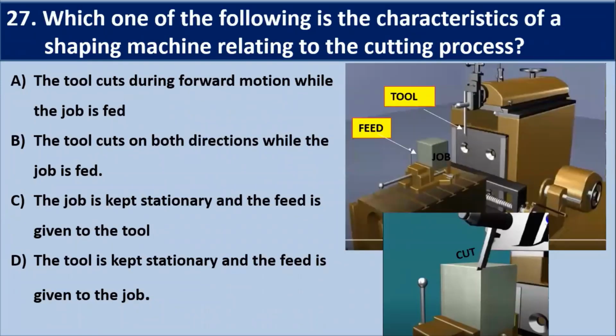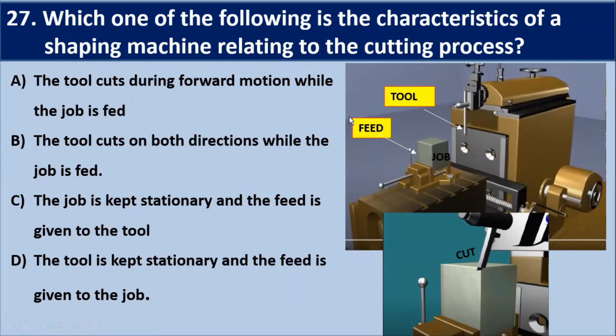Next question is, which one of the following is the characteristic of the shaping machine related to the cutting process? If you observe in this diagram, this is the tool which is held by the tool holder, and we are providing the feed to the workpiece. So what happens is the tool cuts the material in the forward stroke of the ram.